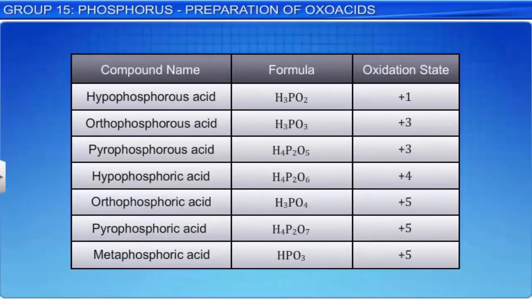Phosphorus usually exhibits an oxidation state of either +3 or +5 in its oxo acids. Note that the oxidation state of phosphorus in hypophosphorus acid is +1, while it is +4 in hypophosphoric acid.